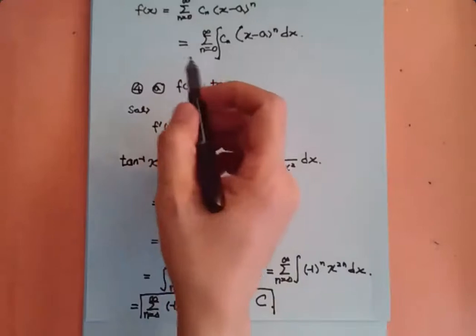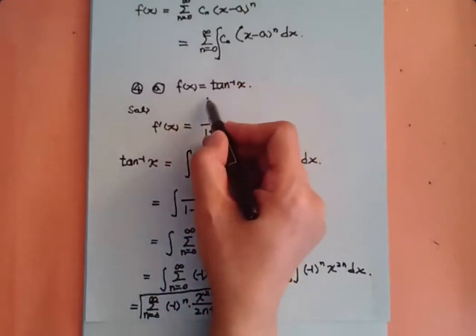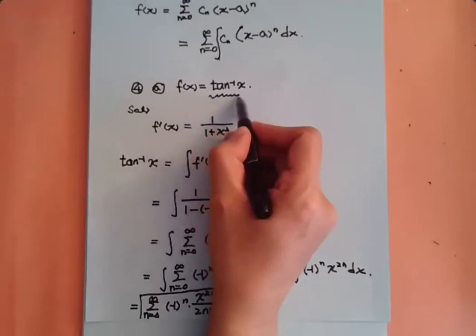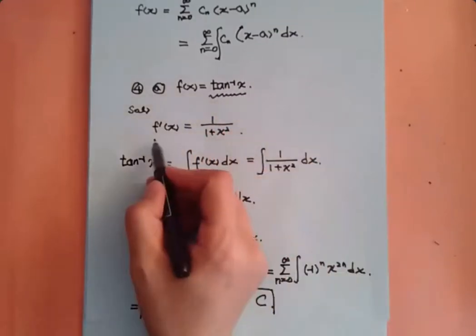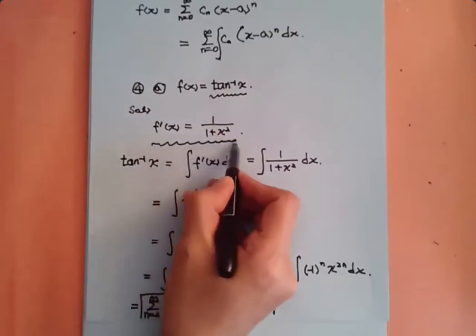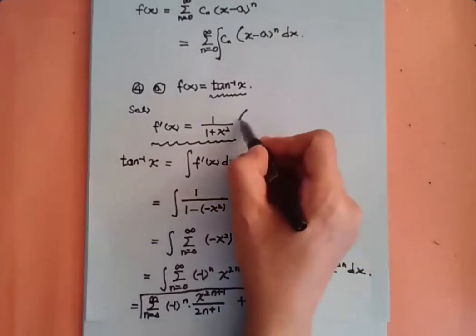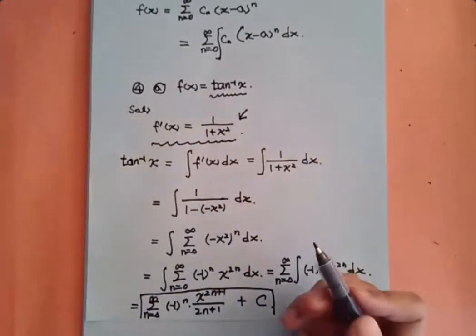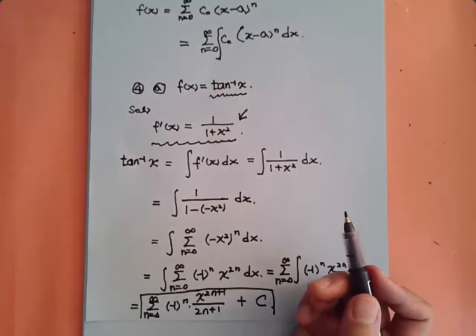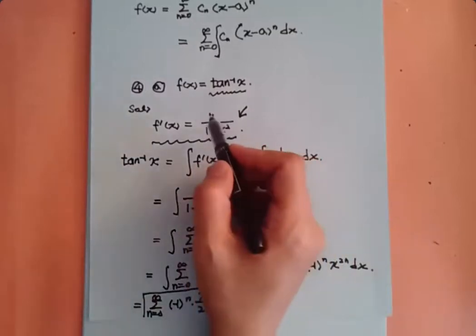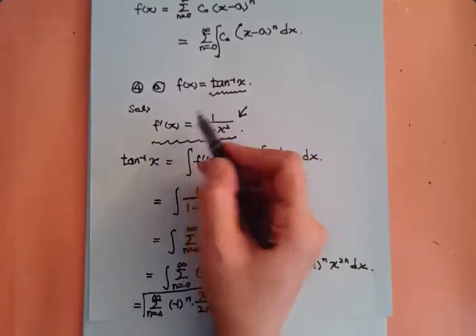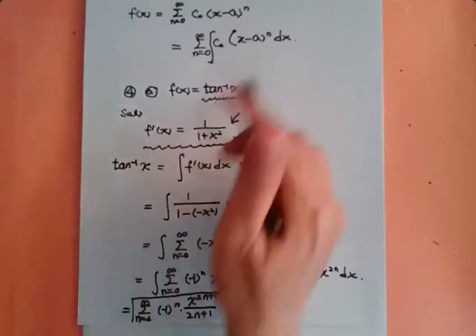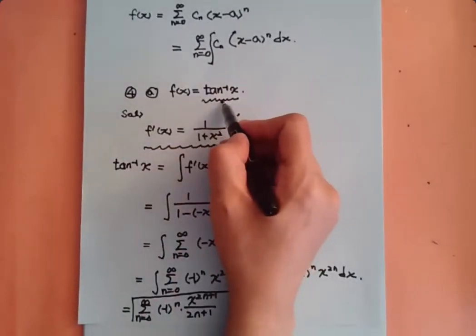At the beginning, what I was saying was we want to think about the power series expansion for tangent inverse. And what we realized is when we differentiate, we get this one. And we know we can expand this as a power series. So by the fundamental theorem of calculus, if we integrate, then we can get this function.